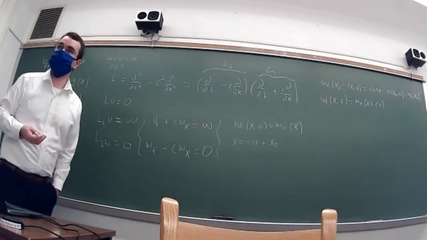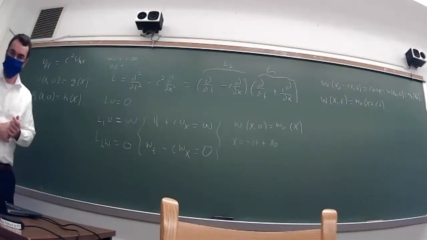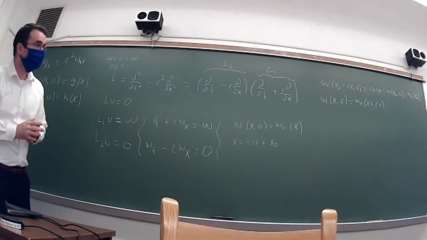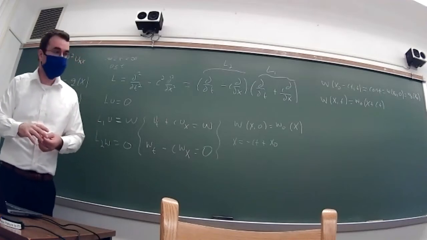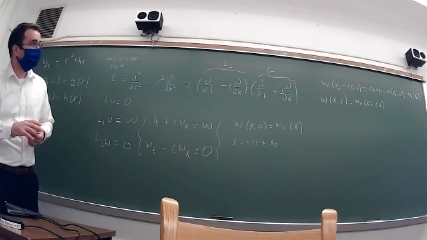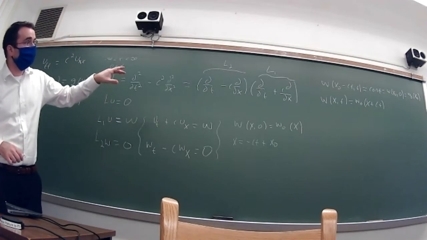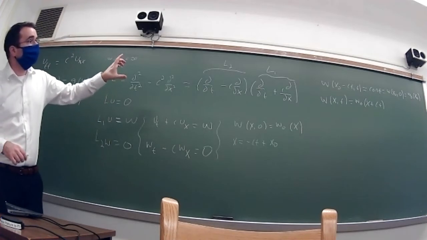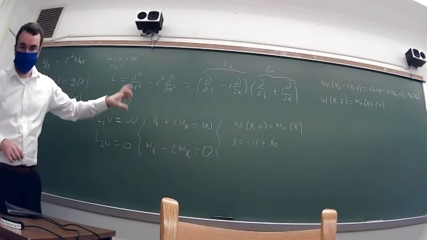And I know you said this so many times, but could you quickly go over how you got that w of x naught minus ct is constant? Right. So the question is, could I go over how I showed that w of x of t, t is constant?